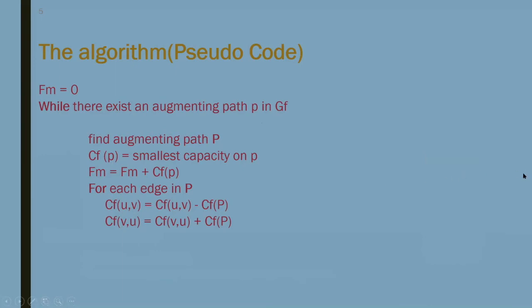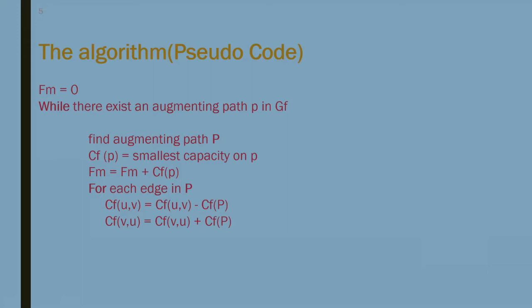While there still exists an augmenting path in the residual graph, find the residual capacity and add it to the maximum flow. Then for each edge in the path, decrease the capacity by the residual capacity if it's one of the original edges. If it's one of the reverse edges, then increase it by the residual capacity.